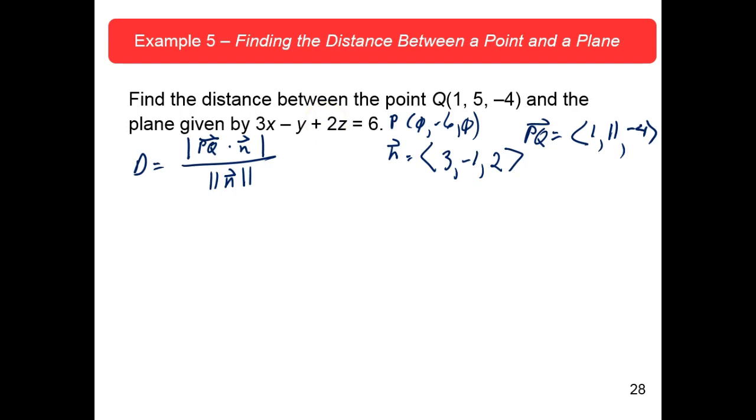So now let's do a dot product between PQ and N. It doesn't matter which order you do, because you're going to take absolute value anyway. So I'm going to do N dot PQ because that's how it shows up on my page, and it's just easier to do. What would that be?